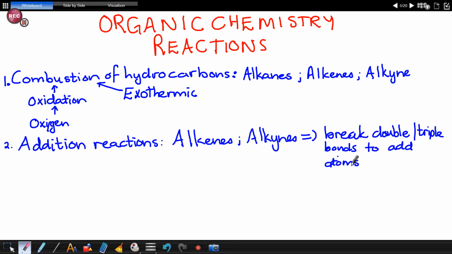So if you add atoms to a molecule with a double bond or a molecule with a triple bond, you have an addition reaction.